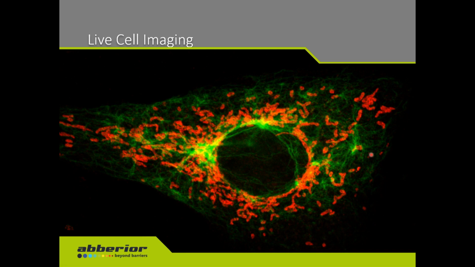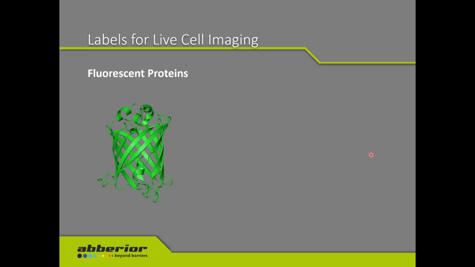The strategies to label living cells are a little bit different. One example is of course the use of fluorescent proteins. This is a very powerful tool in biology, in microbiology, in biochemistry. What you mainly do is fuse your protein of interest to your fluorescent protein, creating a fusion protein, and then you can observe your target with fluorescent microscopy.